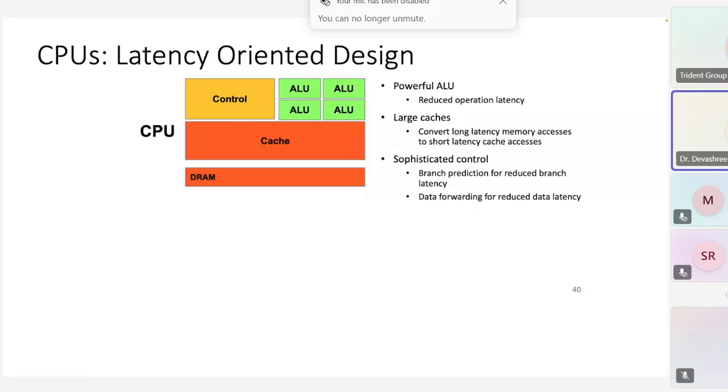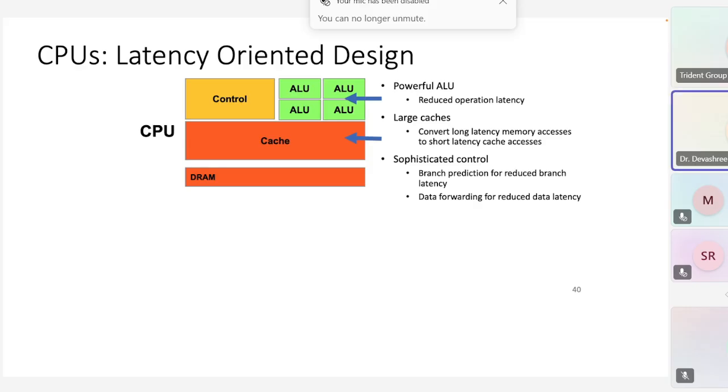Let's try to understand the purpose of each of them. All the features in the CPUs basically help it become a latency oriented device. What does that mean? First, it has powerful ALUs, shown in green, which help reduce the latency of a given arithmetic logic operation.